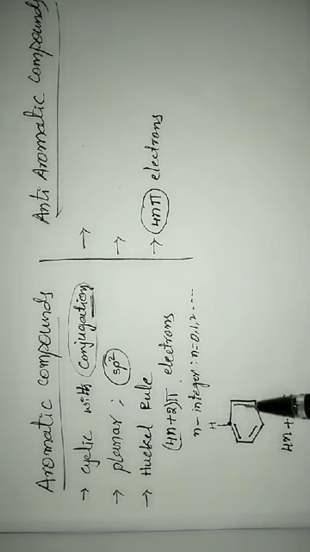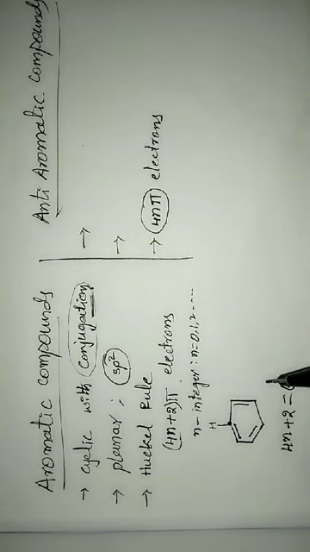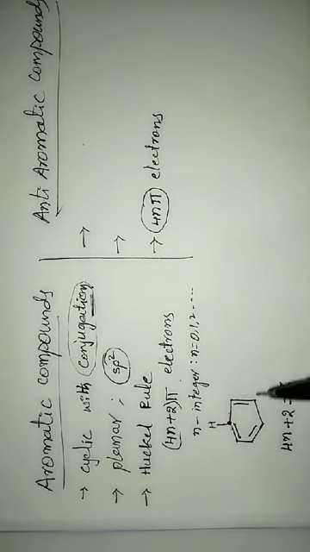There are 3 pi bonds, and each bond is formed by 2 electrons, so total 6 pi electrons. You need to count only delocalized pi electrons, those participating in shifting between carbons.